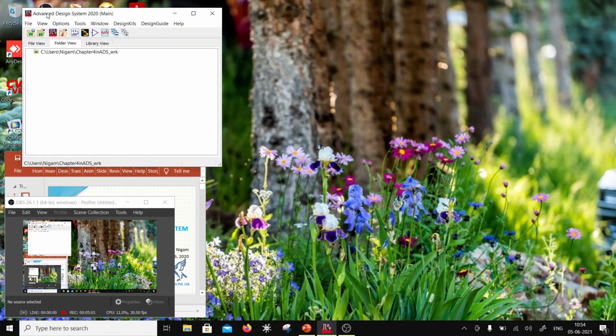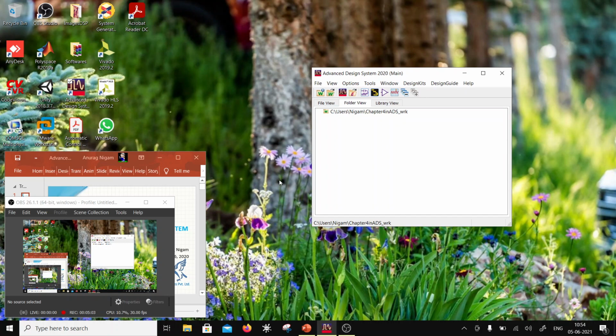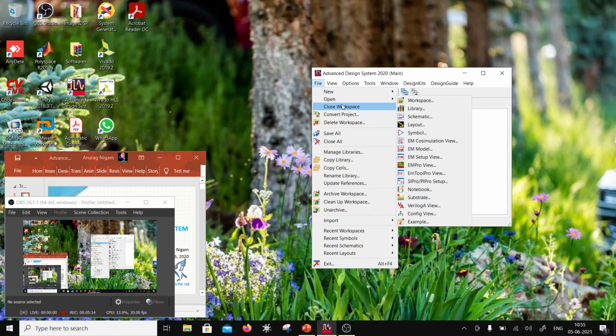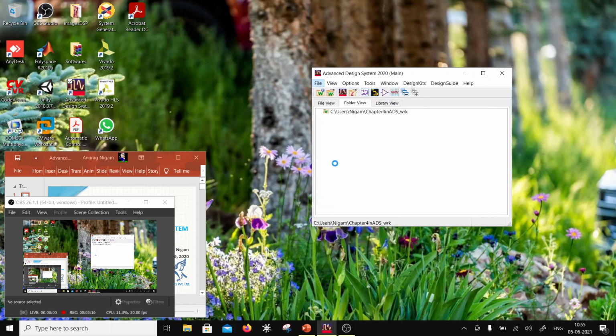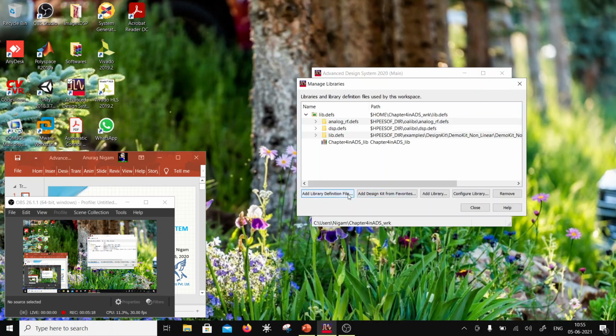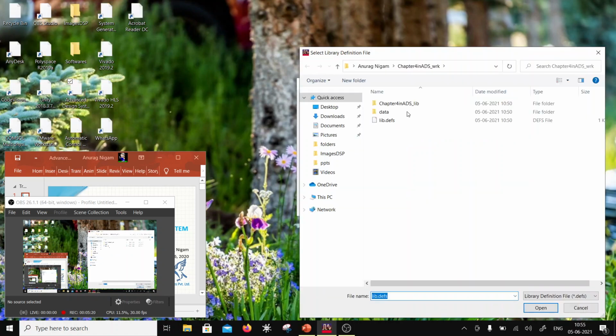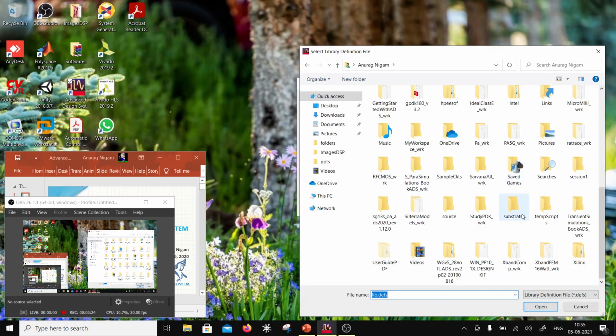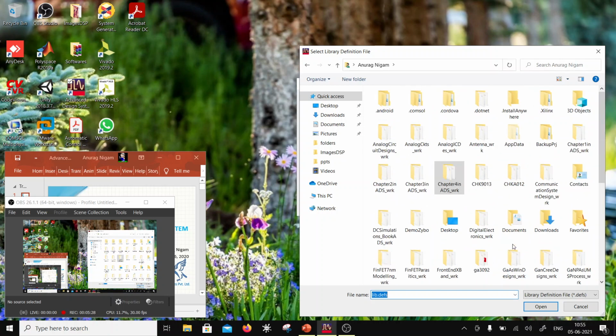Before that, I'll show you how to copy designs between workspaces. For example, this chapter 4 in ADS is a separate project, and I know my design is in chapter 2, right? So what I can do is go to manage libraries, and then add a library definition file, and in this case I can go to a folder which is chapter 2 in ADS.